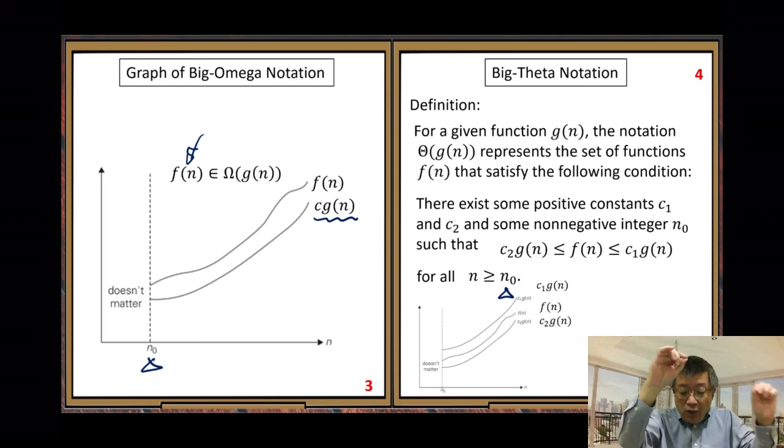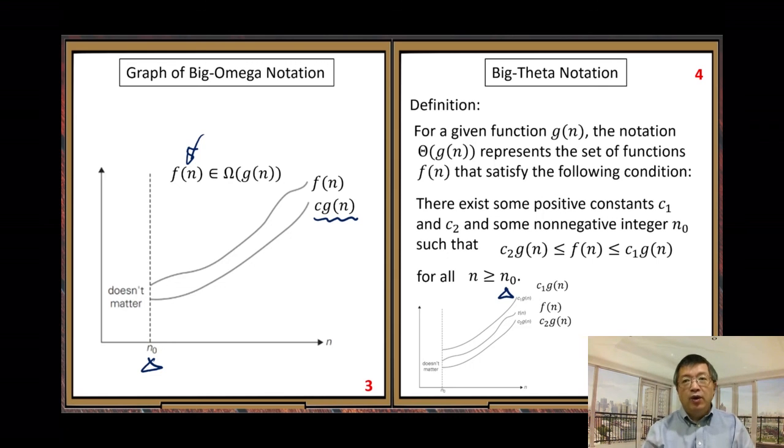C1 times g of n is the upper bound approximation of f of n, and C2 multiple of g of n is the lower bound of f of n.